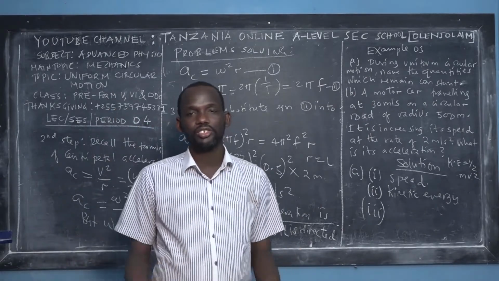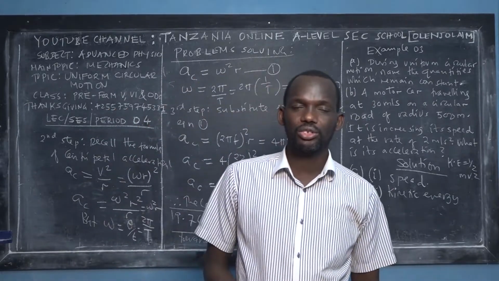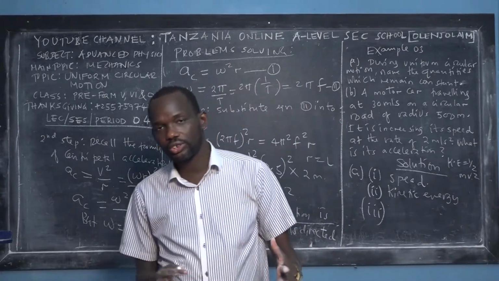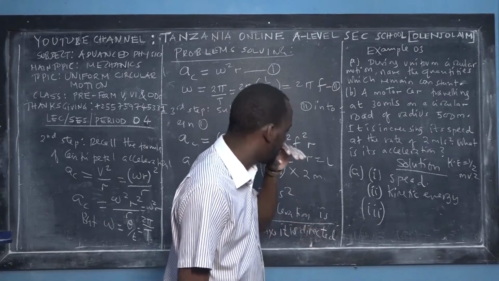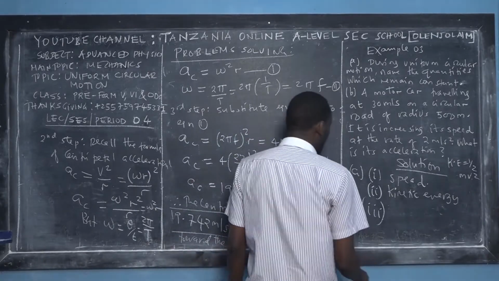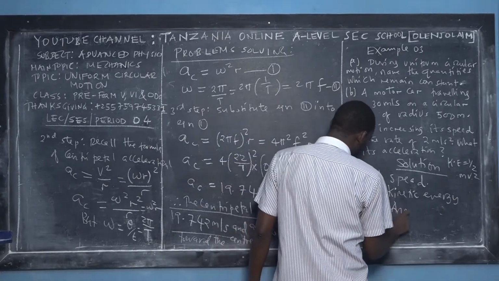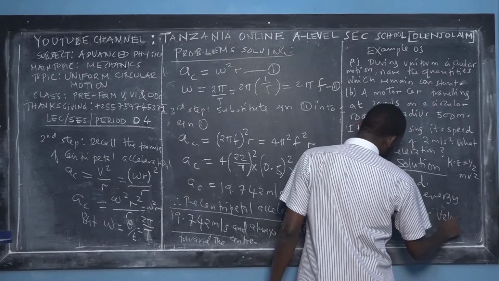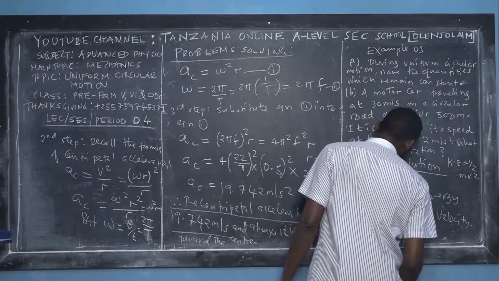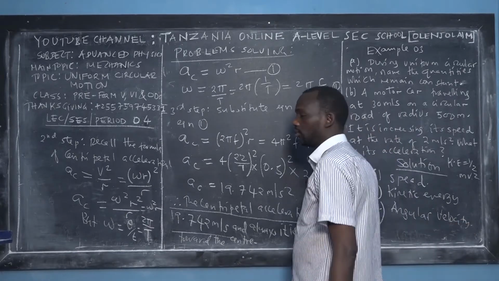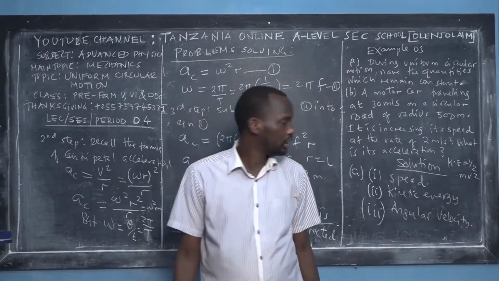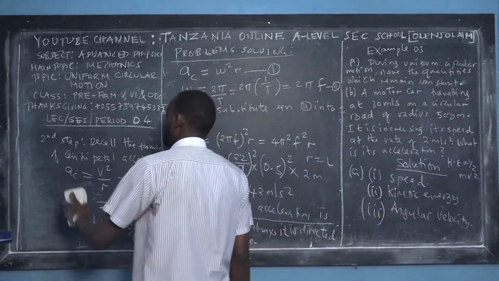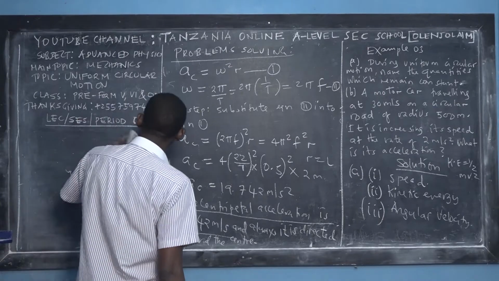Because the direction is changing, we say there is acceleration, and acceleration is also a vector quantity. So another parameter is angular velocity. Those are the three parameters that we expect to remain constant along the circular motion.